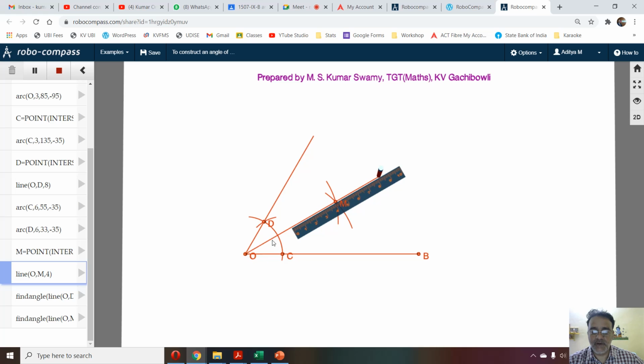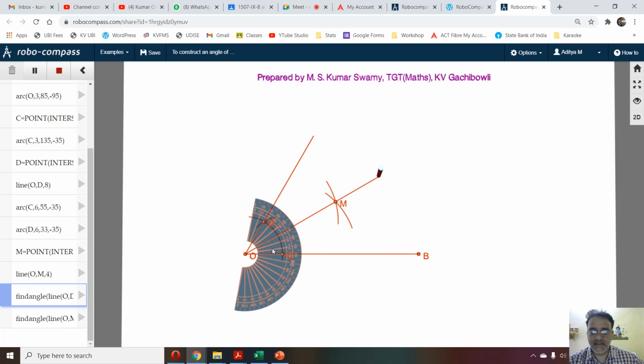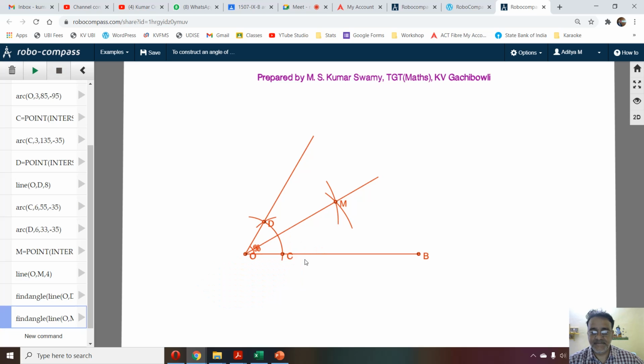So this is the required angle 30 degree. We can measure it. The complete angle was 60 degree. Now after angle bisector we got 30 degree. Right? So this is the construction of 30 degree angle.